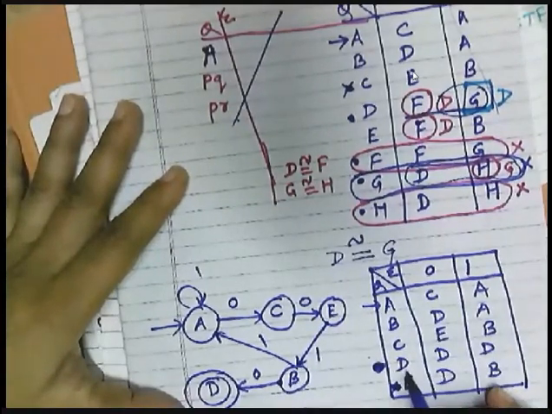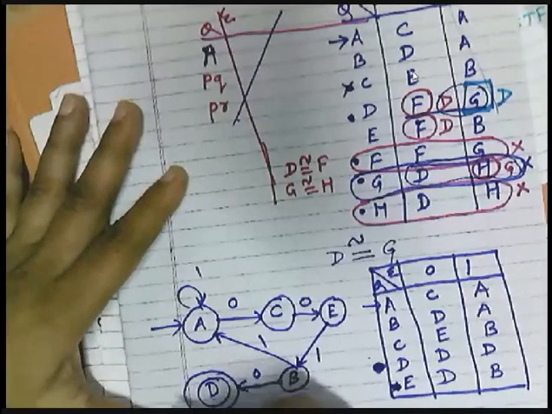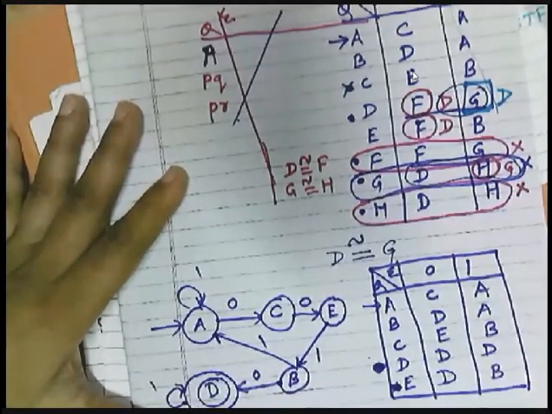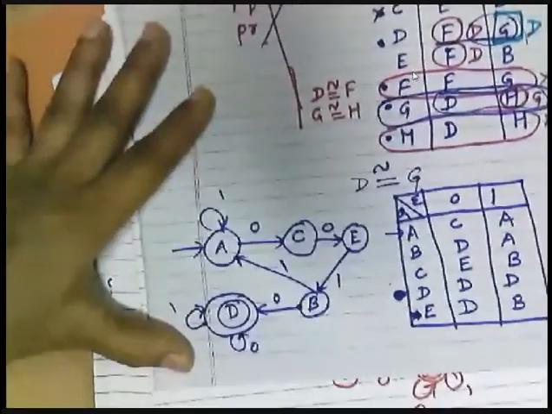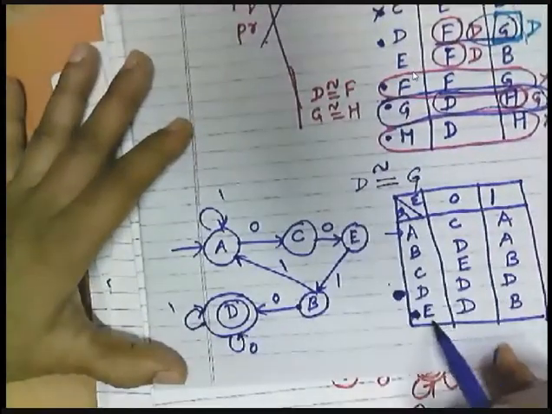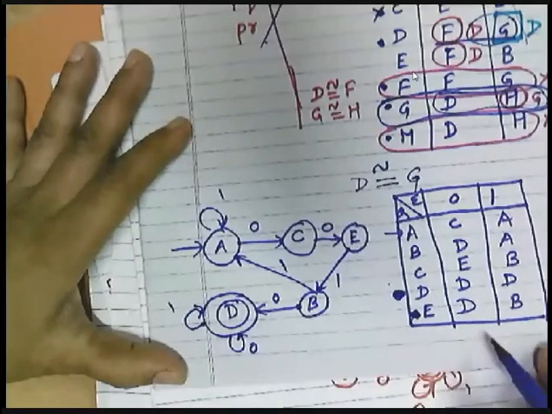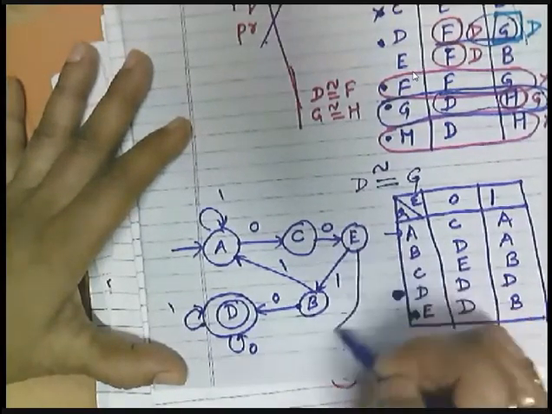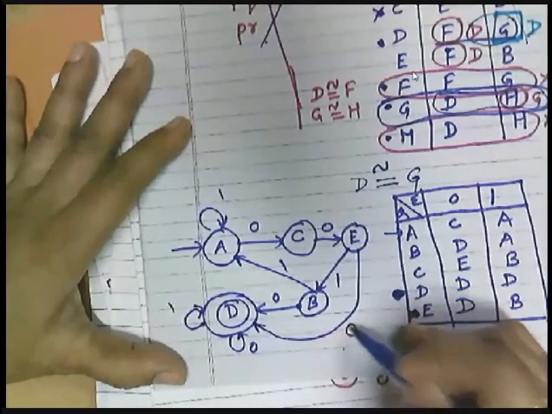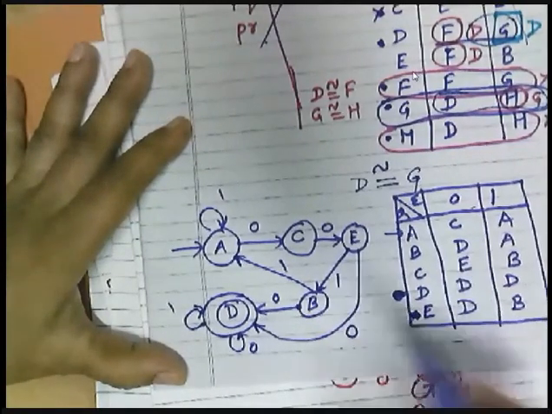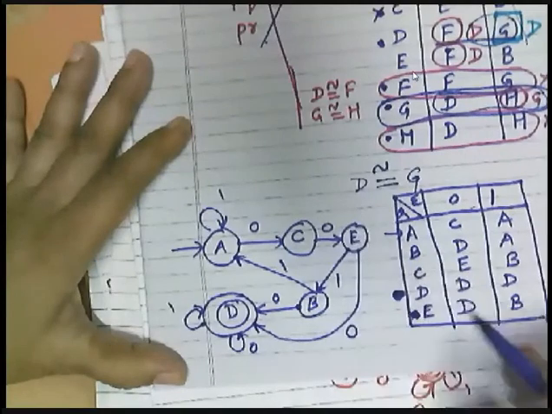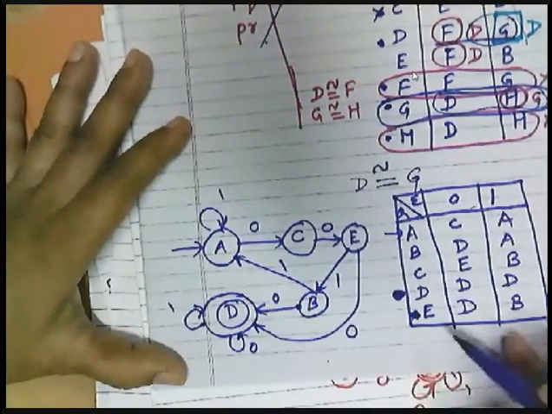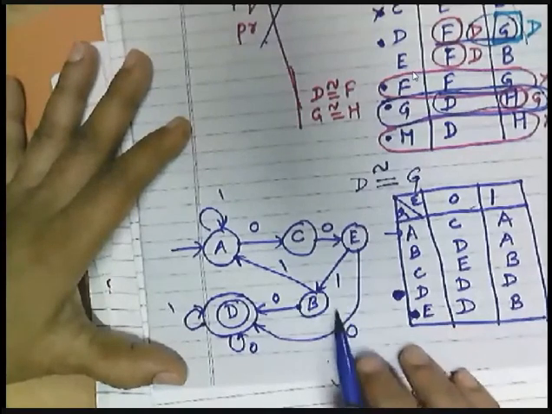Then D on 0 moves to D and on 1 also moves to itself, and finally there is the turn of E, so E on 0 moves to D and E on 1 moves to B. Sorry, have I made any mistake?